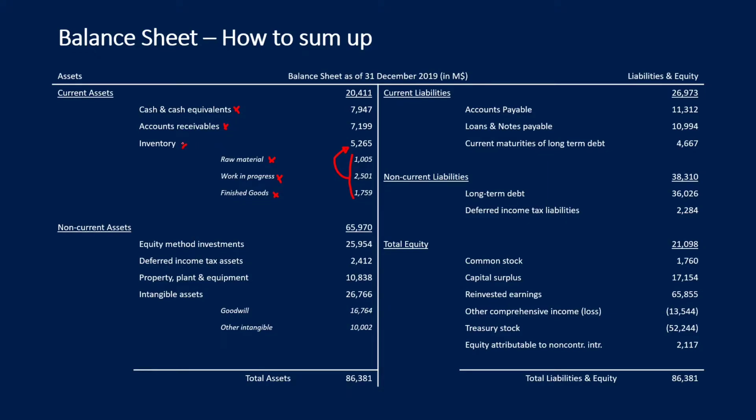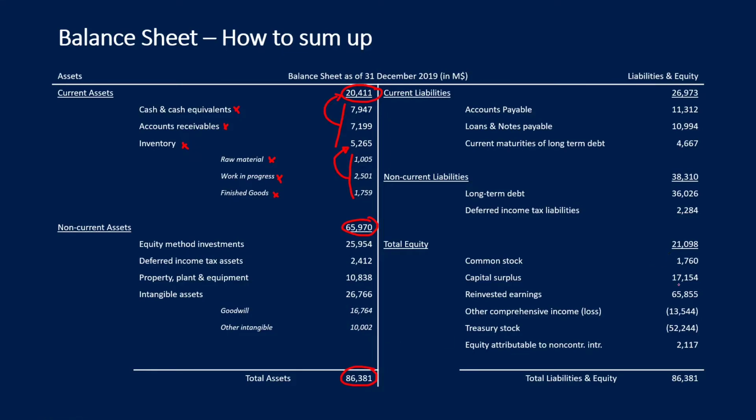The same is true for these three: cash, accounts receivables, and inventory. These three should be added up to current assets. And the current assets and the non-current assets both give the total assets.